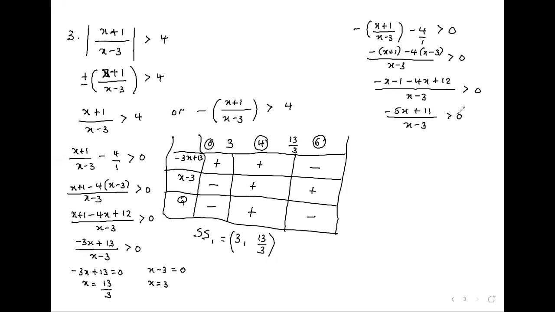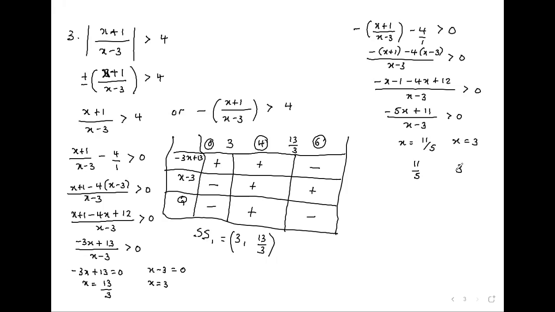And the critical values will be x is equal to 11 over 5 and x is equal to 3. Now, another table. So 11 over 5 is less than 3.